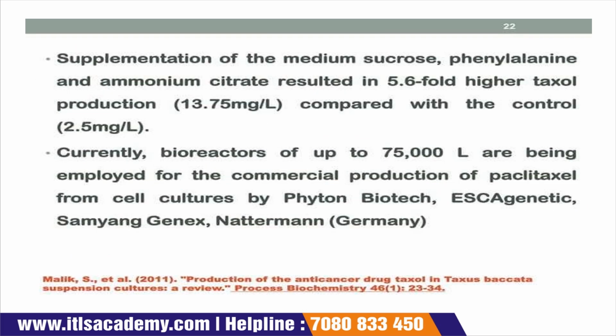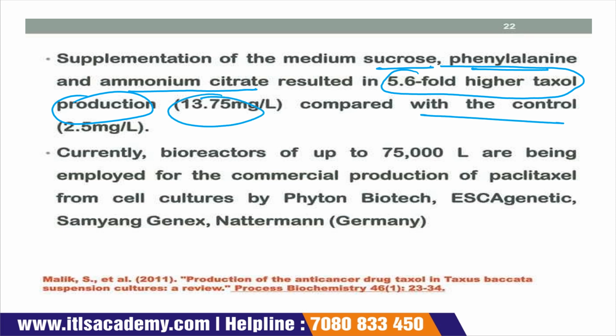Now, next one. Supplementation of the medium with sucrose, phenylalanine, and ammonium citrate results in 5.6-fold higher Taxol production. If we use this supplement of the medium, then the production of Taxol is around 5.6-fold higher compared to the control, that is 13.75 milligram per liter as compared to 2.5 milligram per liter if we are not using this supplement.